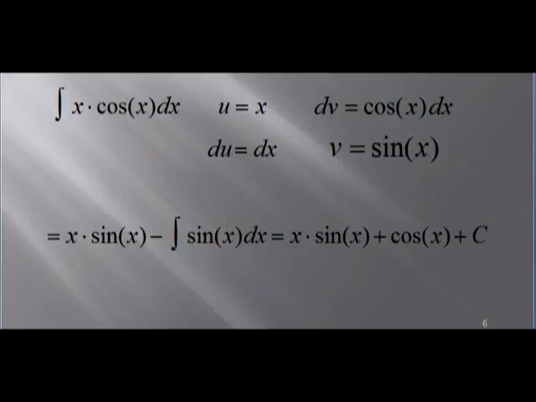And then dv is cosine x dx, and when you take the integral of both sides, you get v equals sine x. So then when you piece it all together, just follow the formula, u dv equals uv minus integral v du. You can see on the bottom there the answer is x sine x minus the integral of sine x dx, and the negative integral of sine x dx is equal to positive cosine x, and then don't forget the plus c on the end.